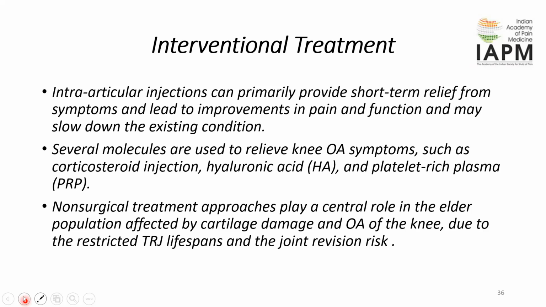These non-surgical treatments have an important role in the elderly population, where we can avoid the chance of revision TKR and joint revision risk. In patients with medical comorbidities, we can initially apply these treatments.